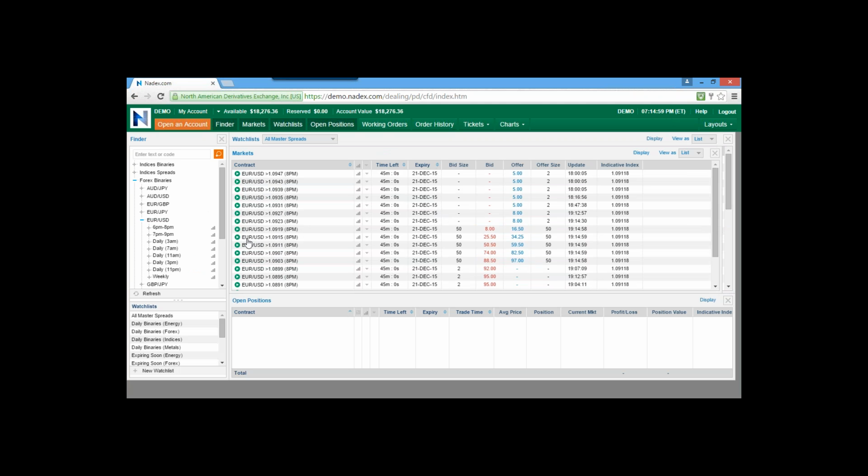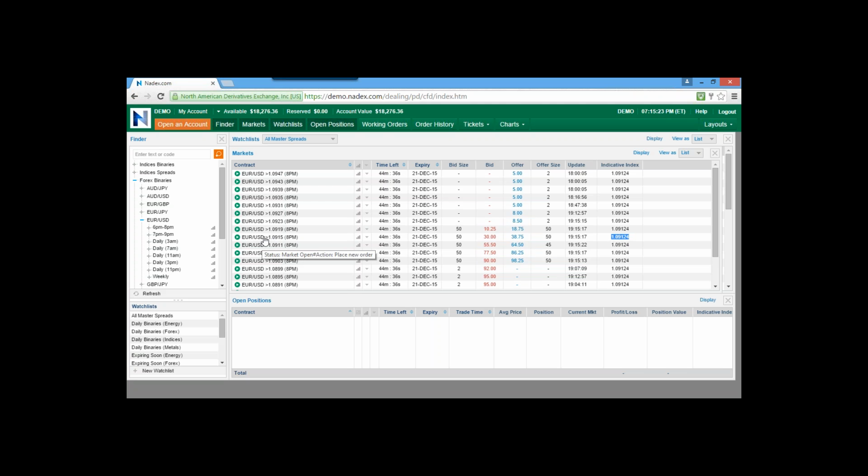This contract right here states the euro dollar will be greater than 1.0915 at 8 p.m. Okay? Right now, you can see the Nadex indicative. This shows where it is currently. Currently, it's at 1.09124.